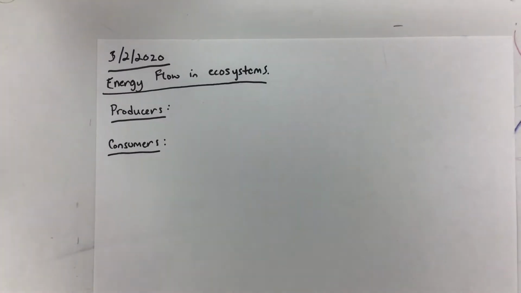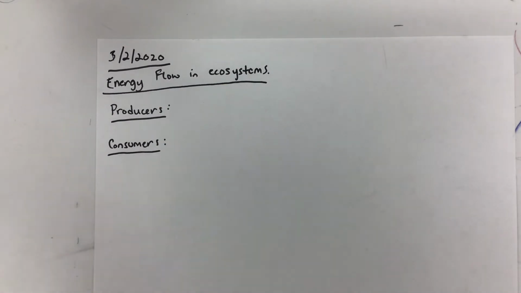What's the difference between them in regards to how they get their energy? Yeah, Johnny? Producers produce the energy and consumers consume it? Yep, what does that mean? Producers make energy, consumers take in energy.